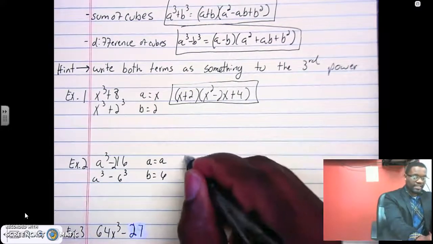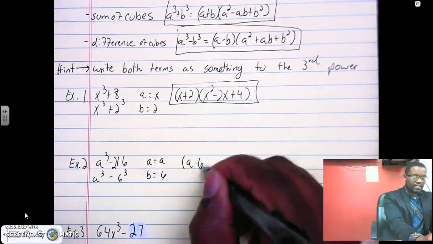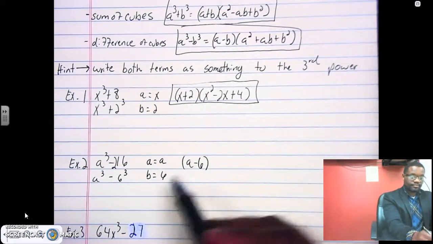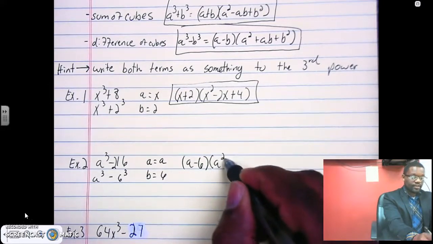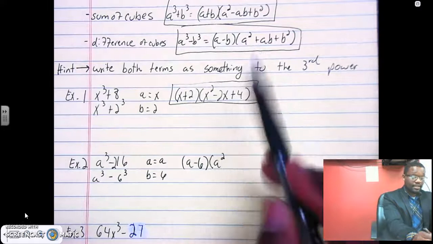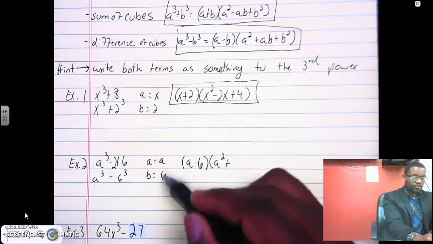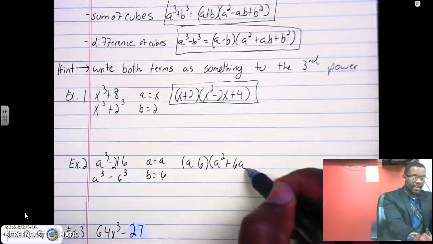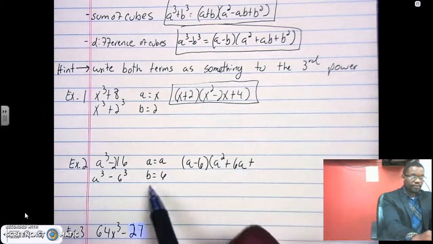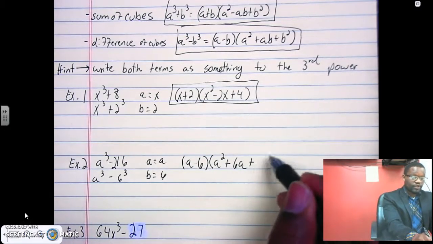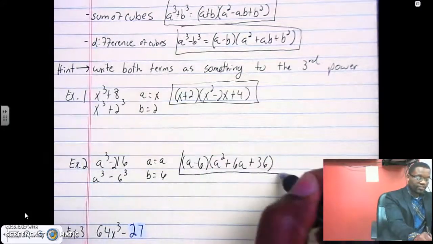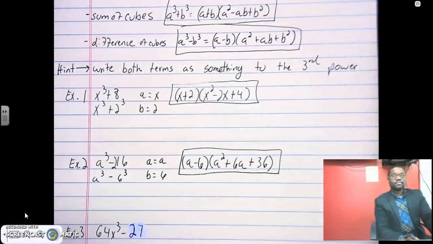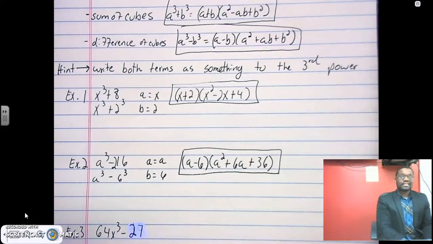So that is A minus 6 or A minus B times A squared, plus AB, which is multiplying those two. So 6 times A is 6A, plus B squared, which is not 12, but 36. That is your answer.